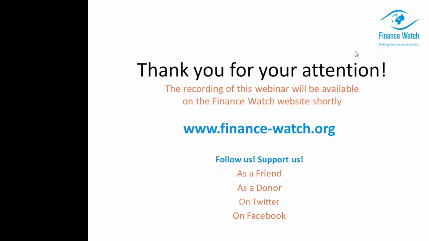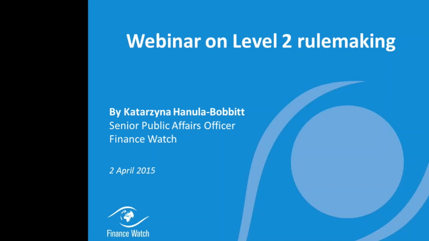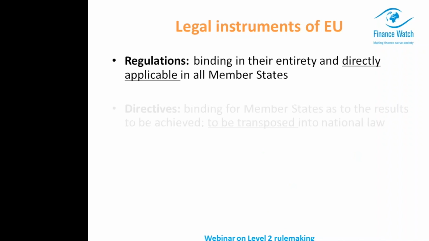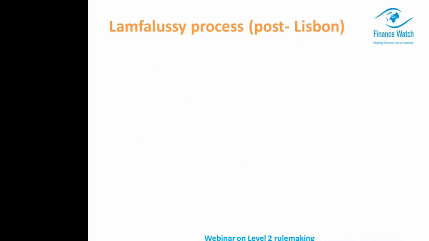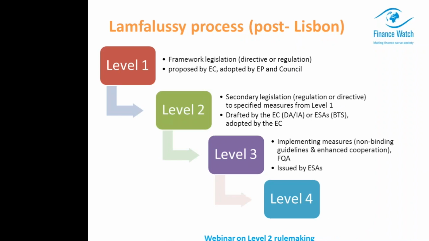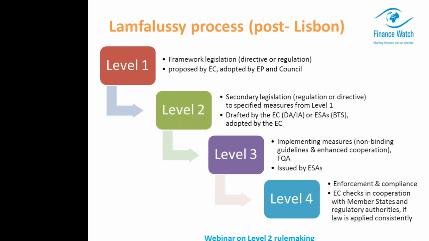We have this one slide which is in step form, and the guidelines are only implementing measures and they are non-binding. They should just make the understanding better for the supervisors of how to act, but they are non-binding. So they are on the comply or explain principle. Mm-hmm. All right.